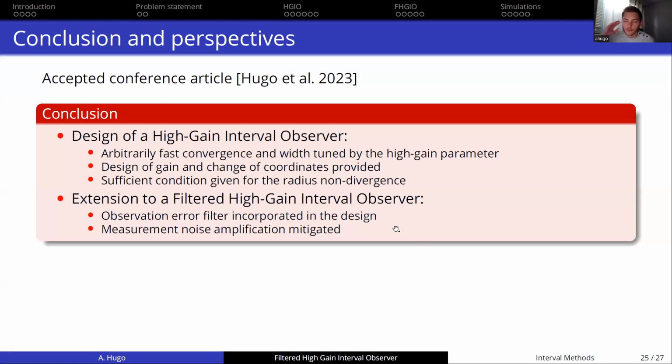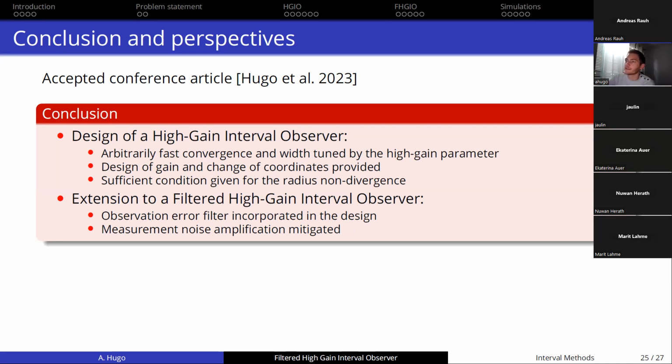So to conclude my talk, this work has been accepted at the Conference on Decision and Control that will take place next week. I have shown the design of a high-gain interval observer, which has the advantage of an arbitrarily fast convergence, and the interval width can also be tuned by the eigenparameter theta up to a certain value.